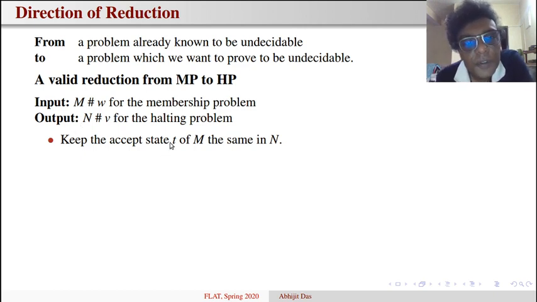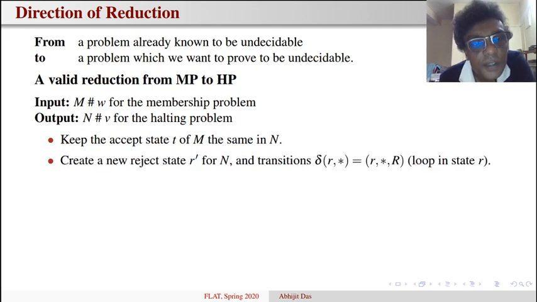Now keep the accept state T of M as it is. So whenever M jumps to T, N also jumps to T and accepts. But the reject state of M is now marked as a normal state.